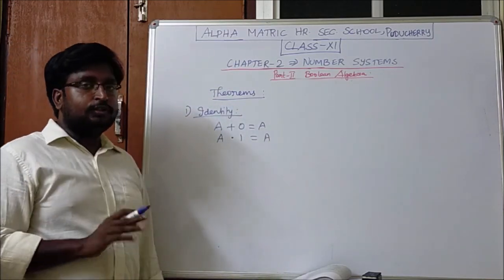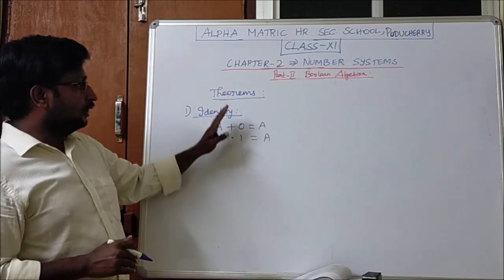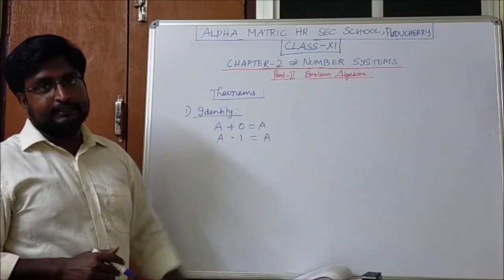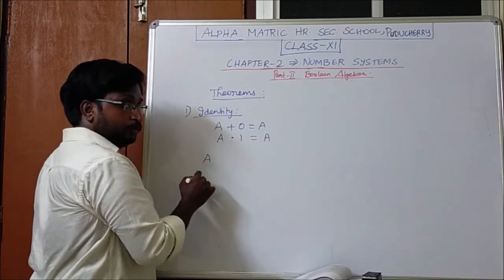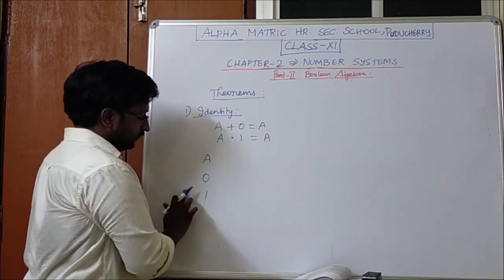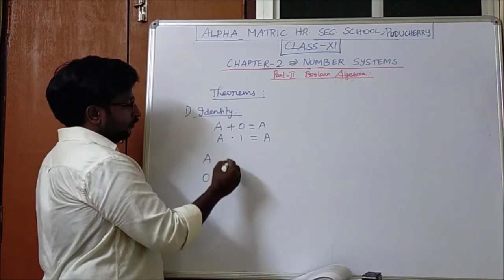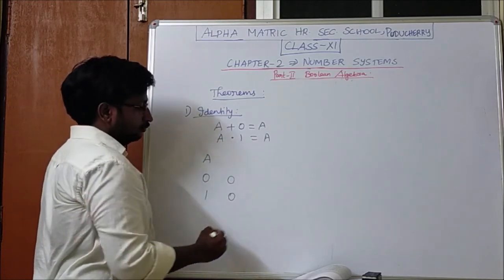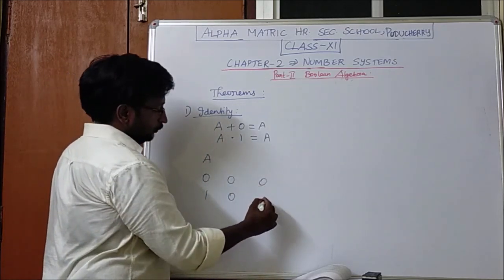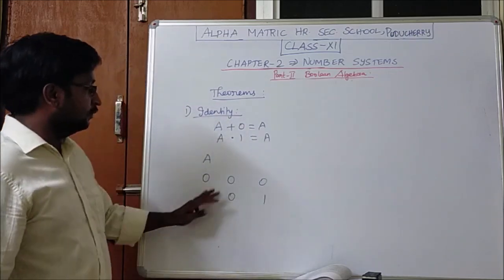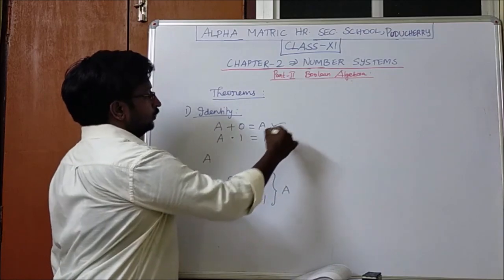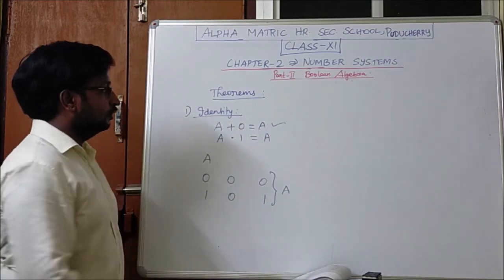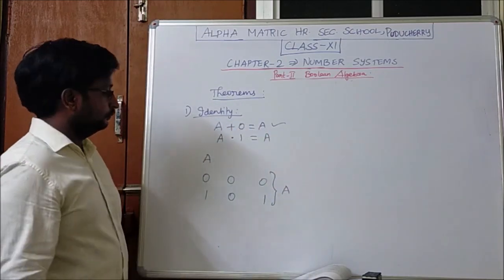With the help of the truth table we can equate both LHS and RHS. Here you see only one input is there, so 0 or 1 are the possibilities. If you add 0, the result is the same as the input, which is A. So this is true. Both LHS and RHS are the same.